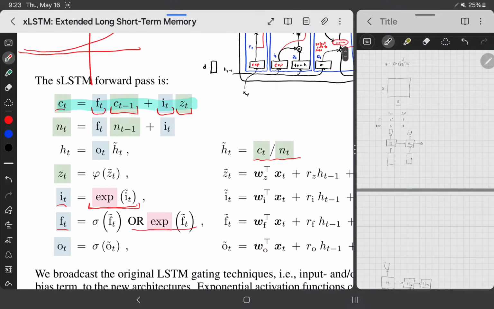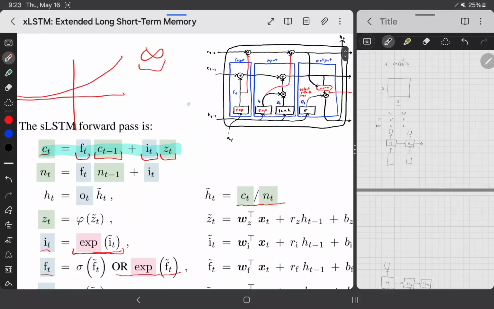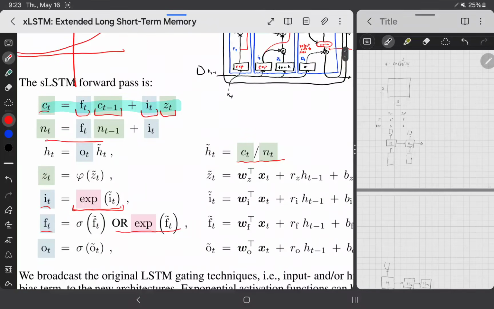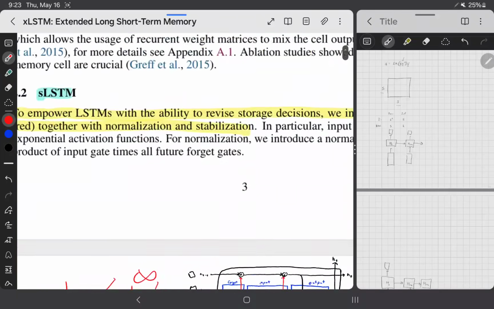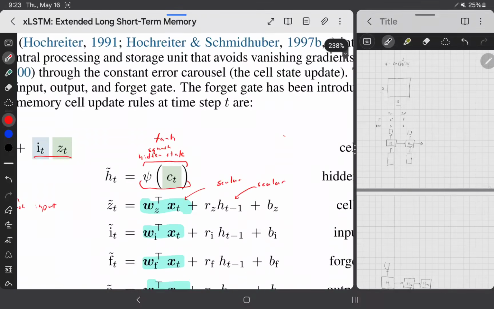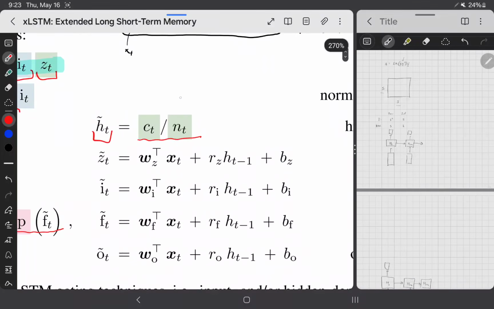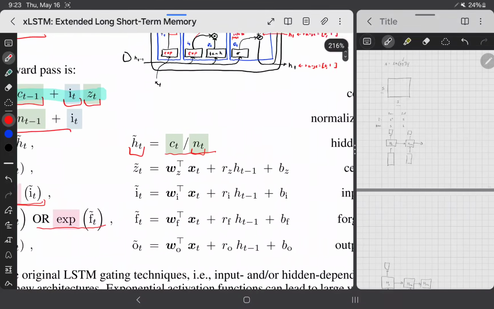These are not vectors, these are scalars, but I'm going to fix that. And instead of h_t being squashed by tanh, as it was over here, you actually have this hidden state be normalized, so just divided by n_t.